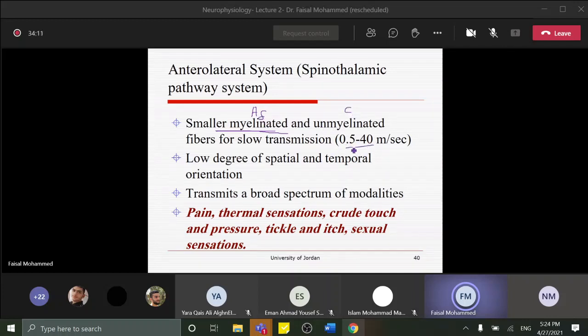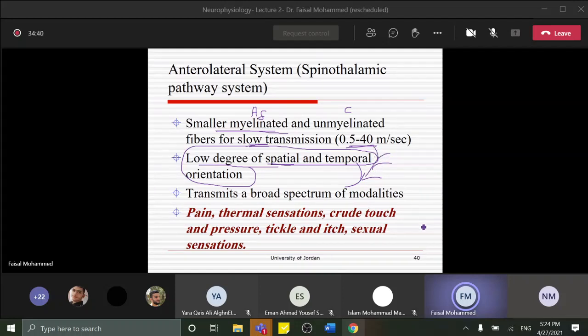Thus the speed of transmission is very slow, between 0.5 and 40 meters per second. They have a lower degree of spatial and temporal orientation, or fidelity, or faithfulness. Lower. Why? Because it goes slower, and this pathway has a lot of divergence.